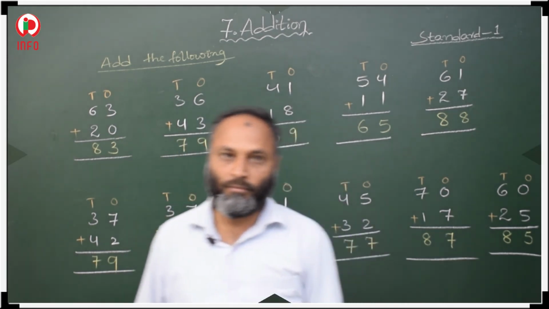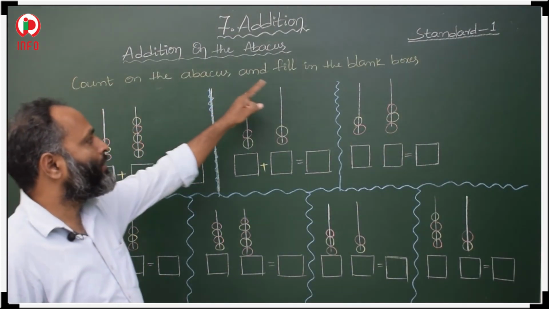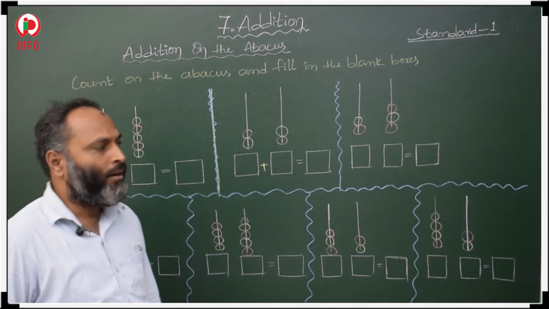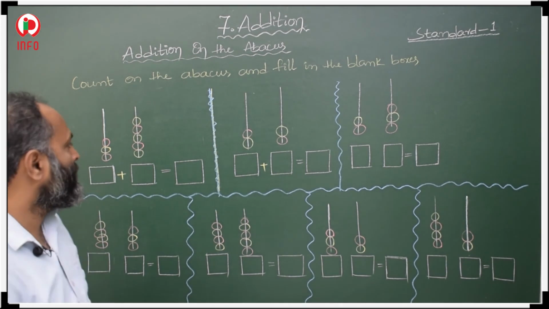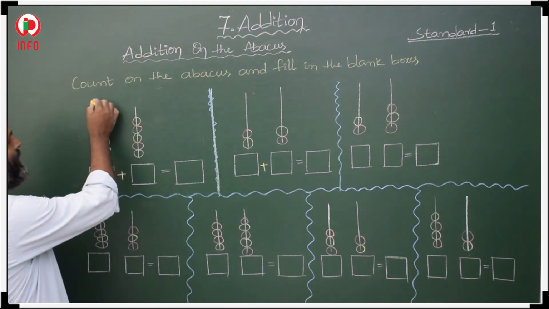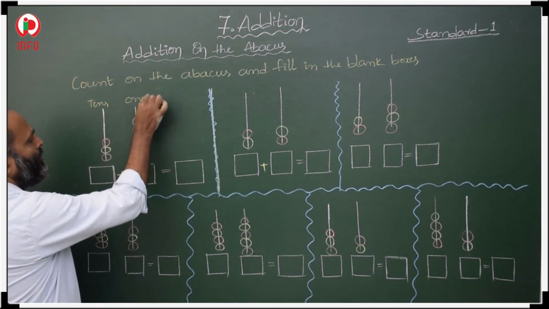Okay. Now students, here it is given: count on the abacus and fill in the blanks. On the abacus we have to count and fill in the boxes. First, these are tens, these are ones.